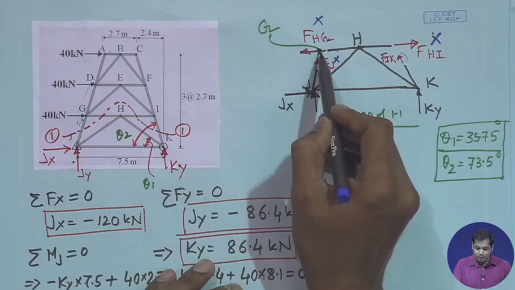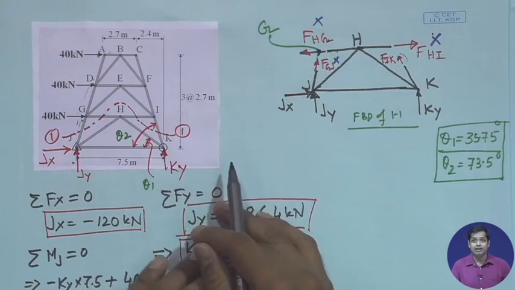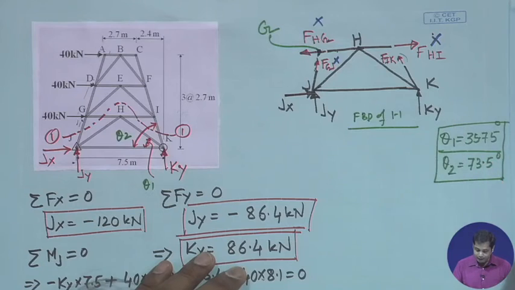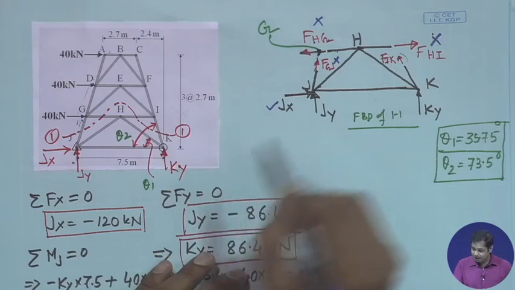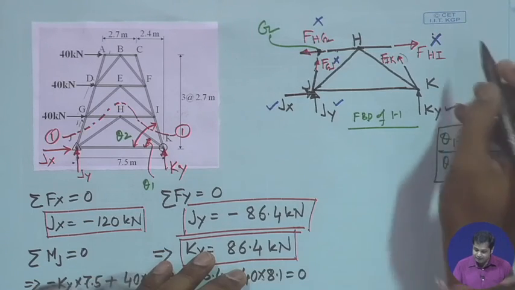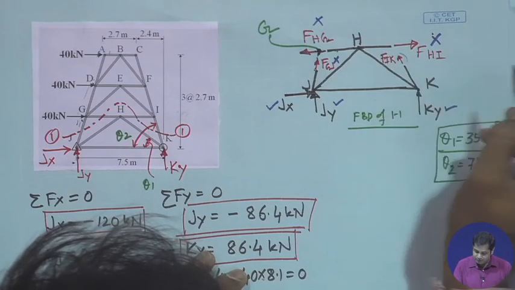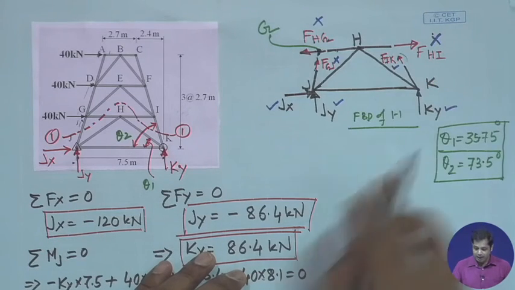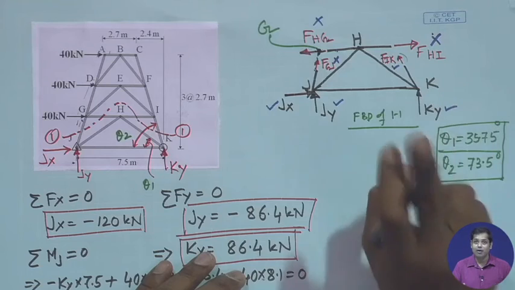So, if we take moment about G, the only forces that will contribute to this moment are Jx, then Jy, and then Ky, and the force in member Ik, this one. Now, all these four forces, only one unknown.